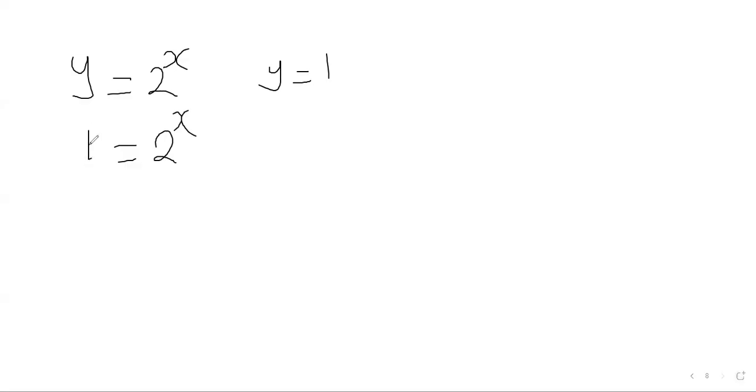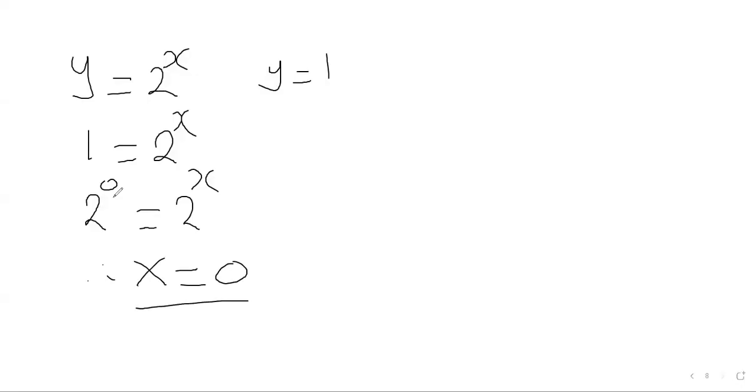It means that it was a number raised to the power 0, and that number should be similar to this number here. It should be of the same base. So it will be 2 to the power 0, which is equal to 2 to the power x. Now that they are of the same base, you can cancel them out. Therefore, x is equal to 0. That is the value of x for that given equation that we were looking for.